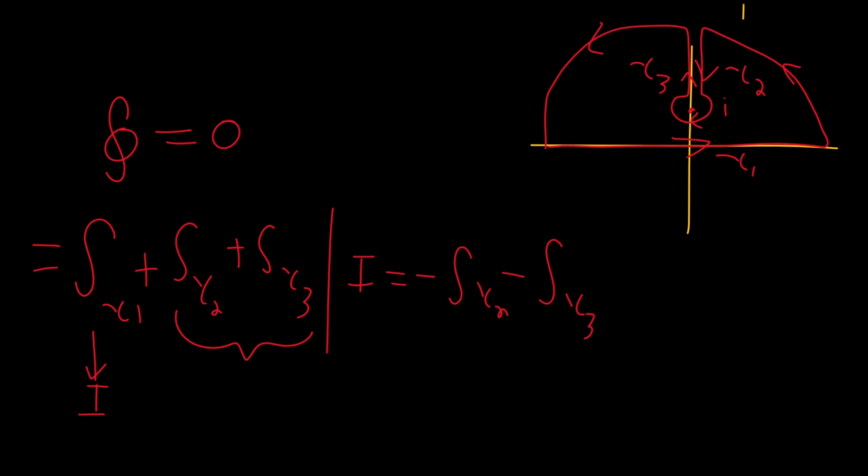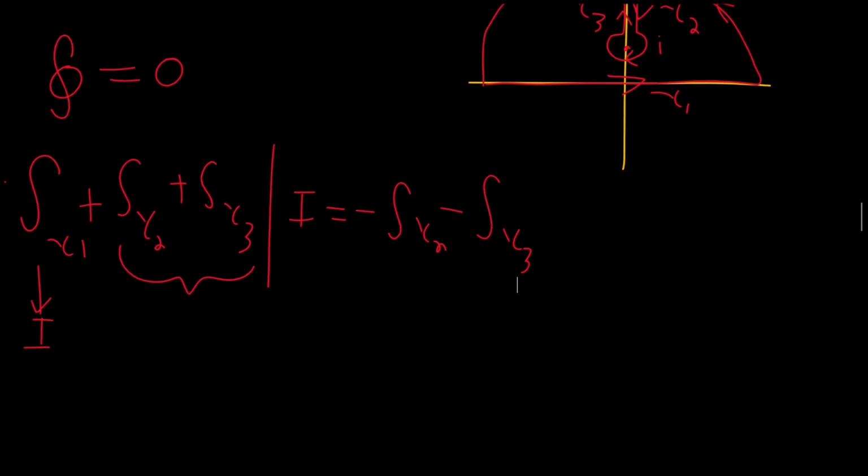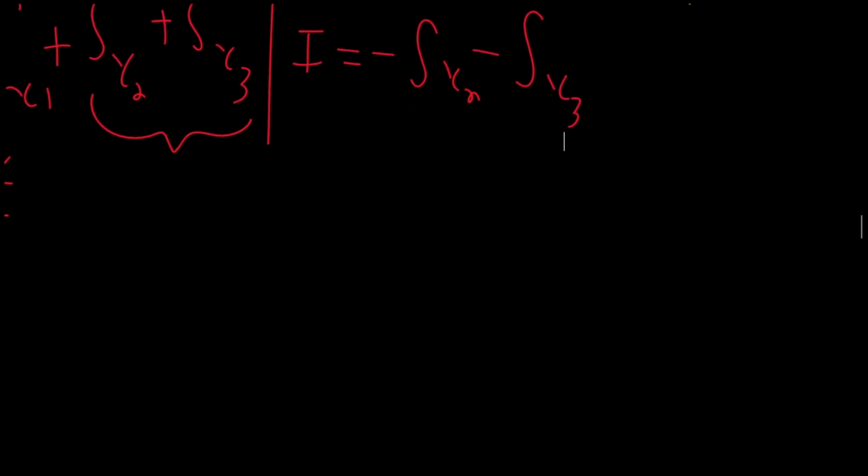So now all this is a challenge of evaluating this arctan along that part of the imaginary axis. So let's do that real fast. Let's start with the integral over gamma 2.